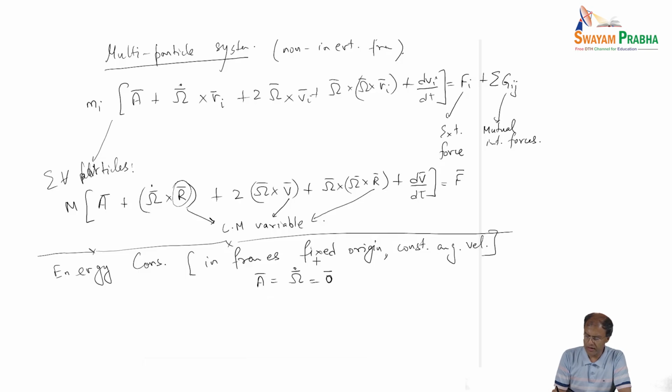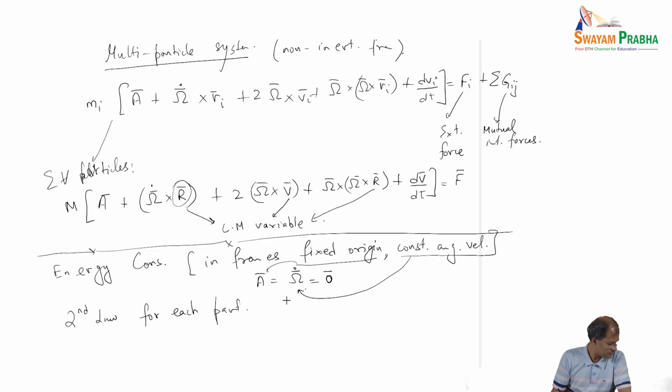So this is the case where the origin is fixed, so there is no acceleration, and the angular velocity is constant, so no omega dot. So we see that the second law for each particle reduces to the following.